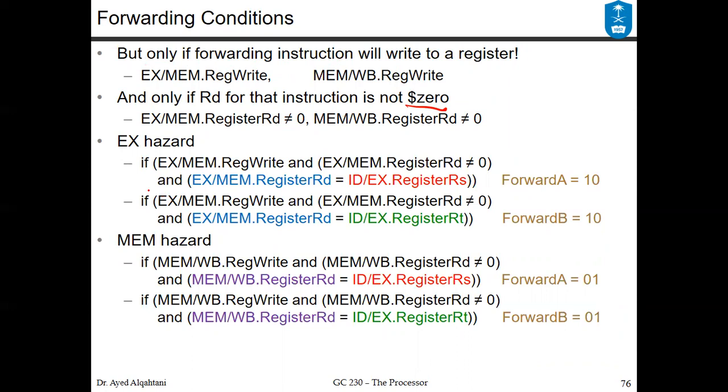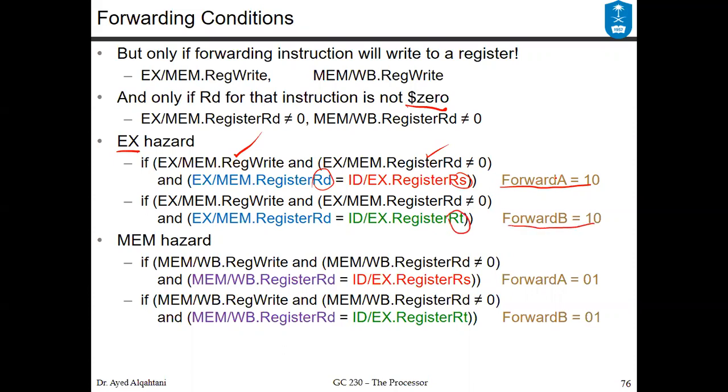This way, you know that if you have the need to forward from the execute, the register write is active, and you are not updating the 0 register, and the RD is equal to RS, then you forward. Similarly, for RT, you also forward.